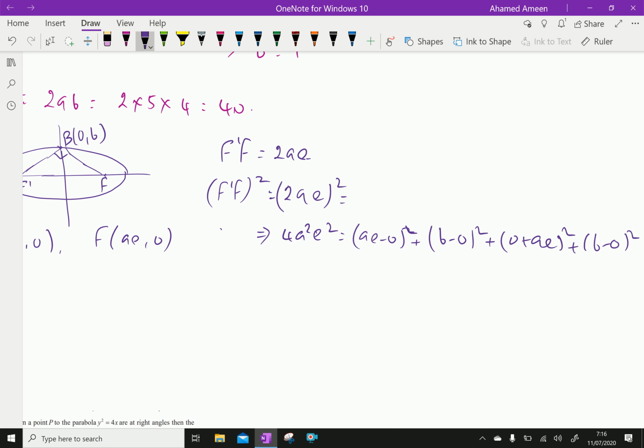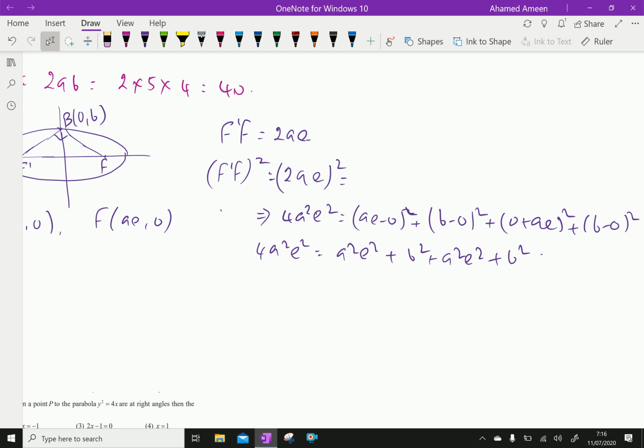So we will simplify this. 4A squared E squared is A squared E squared plus B squared plus A squared E squared plus B squared.